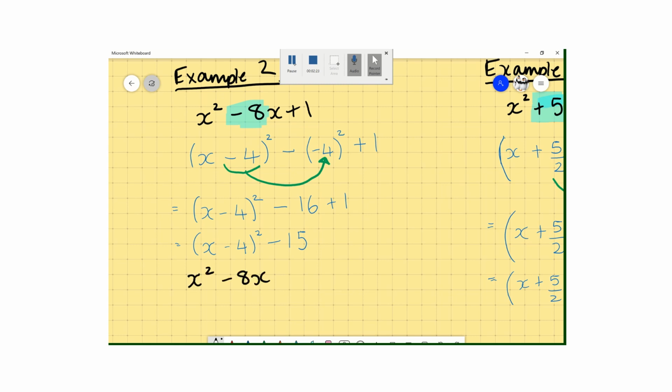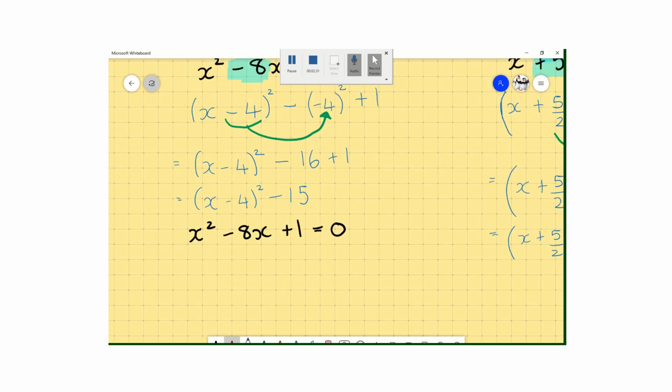So if we have x squared minus 8x plus 1 equals 0, we know, because we did it previously, that when we complete the square on that, we have x minus 4 all squared minus 15 must equal 0. So if I look at trying to solve that equation, I would add 15 to both sides. So I would have x minus 4 all squared equals 15.